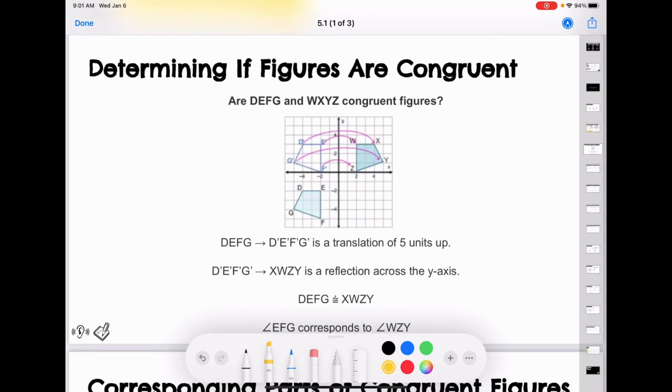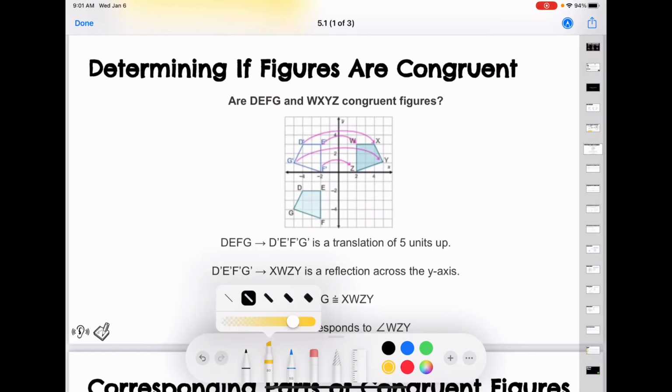So here we are being asked, are D, E, F, G, and W, X, Y, Z congruent? Well, let's look at this a little deeper. Okay, so here we are told that DEFG is translated 5 units up.